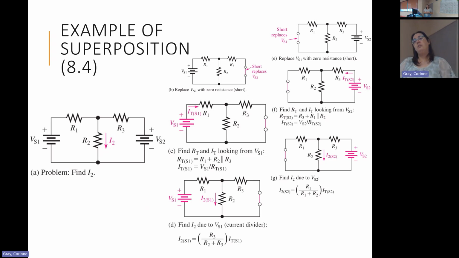Yes, I guess for both sides. Where does that equation come from for the G and E? This one? Yeah, so this is your current divider equation.